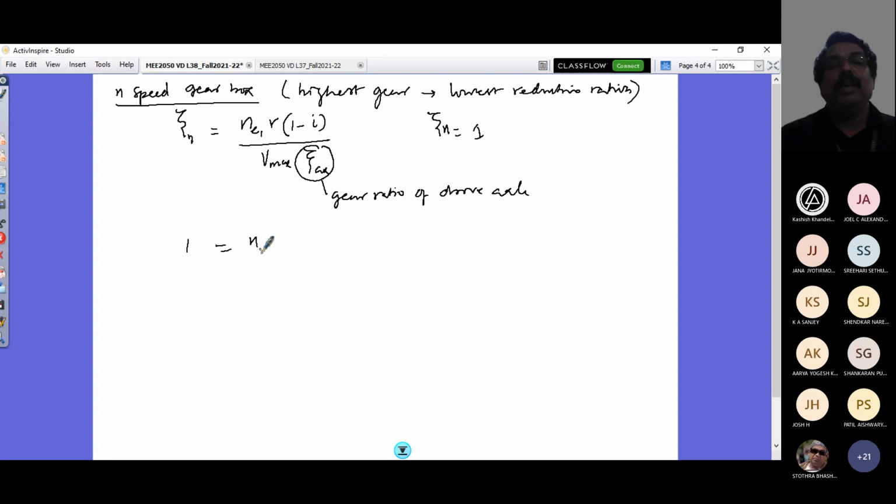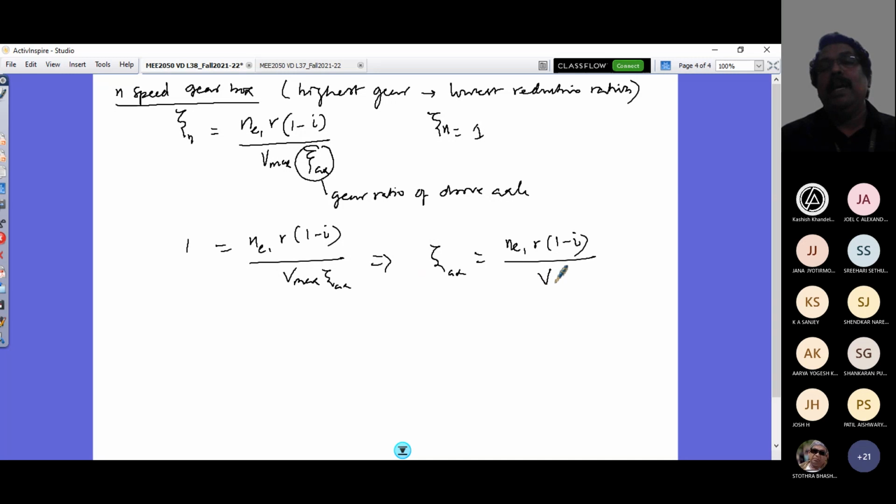So that is going to be NE1 or 1 minus I by Vmax into axle. That gives me the drive axle ratio. Engine speed multiplied by R into this by maximum vehicle speed is equal to this.